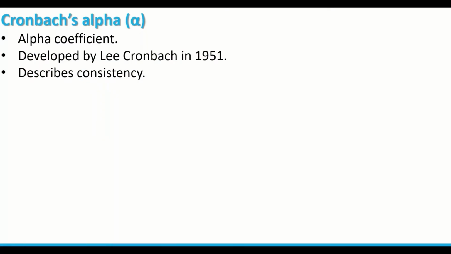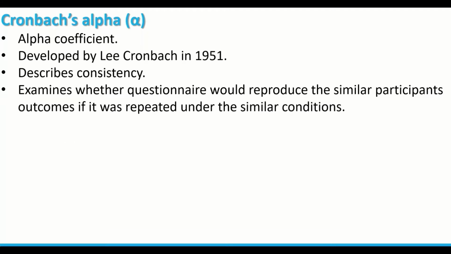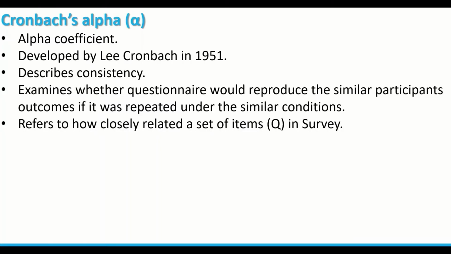The alpha, or the test, describes the consistency of items. It examines whether a questionnaire would reproduce similar participant outcomes if it was repeated under similar conditions. The alpha refers to how closely related a set of items or questions in a survey are.